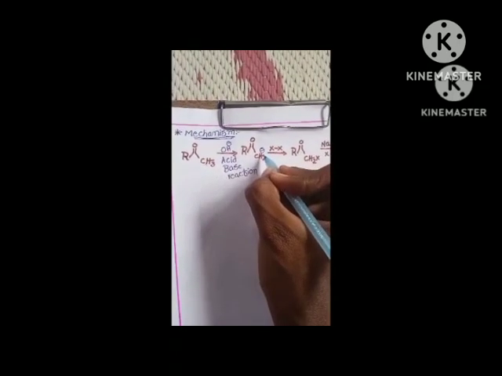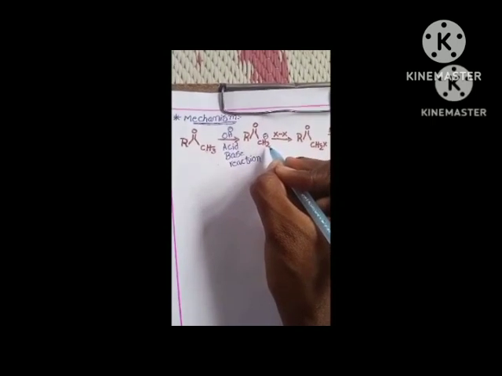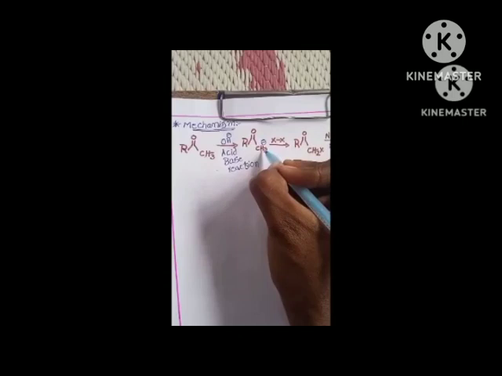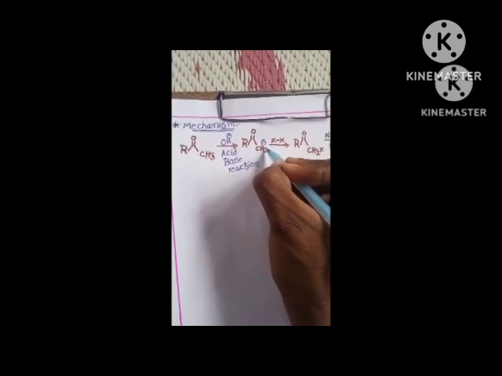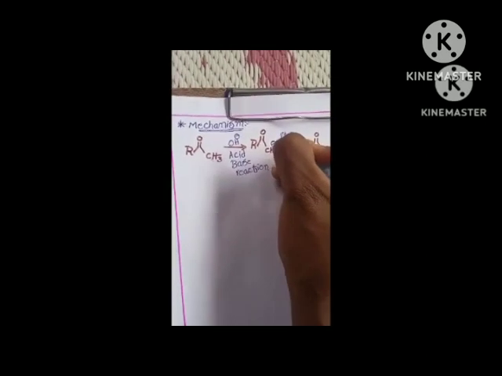CH2 gives a negative charge. This negative charge induces a partial positive charge and partial negative charge.